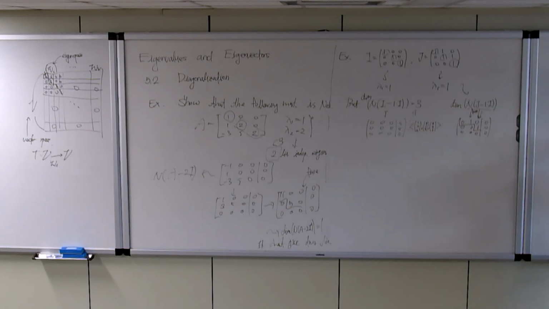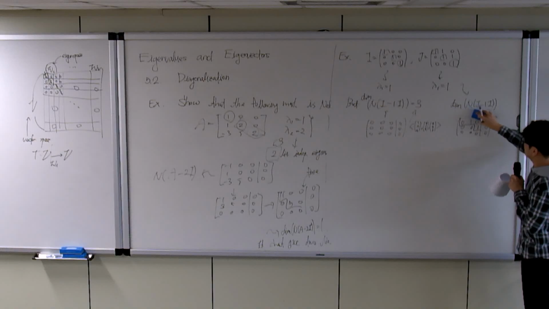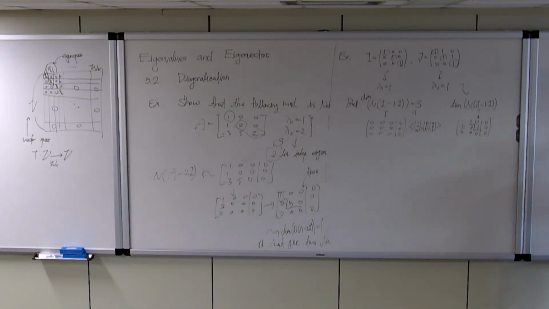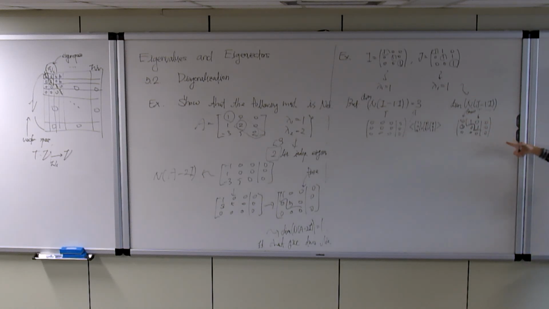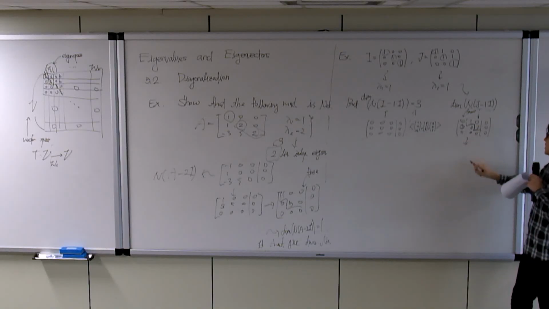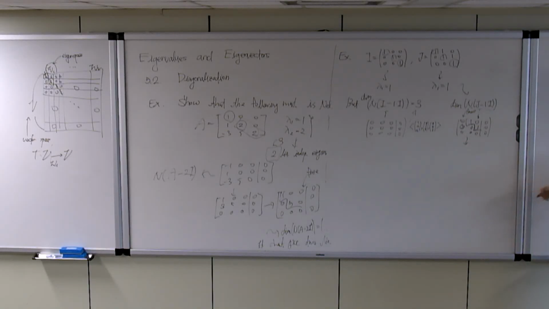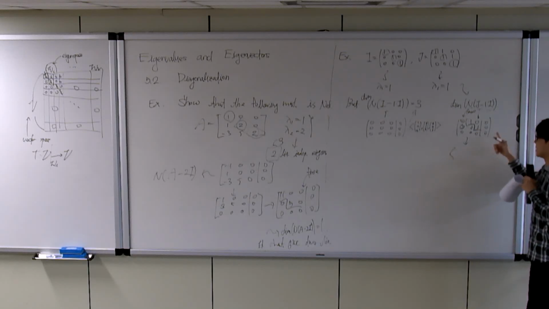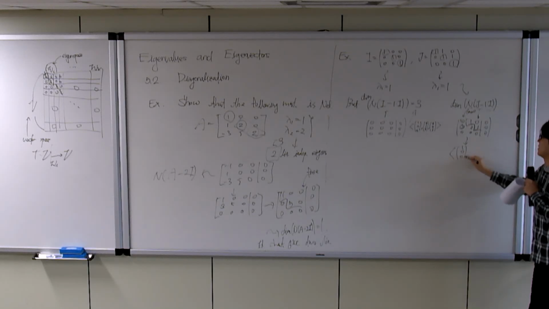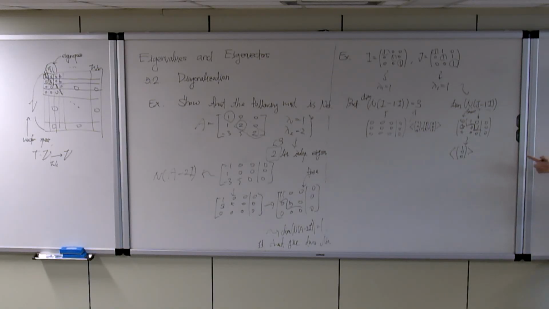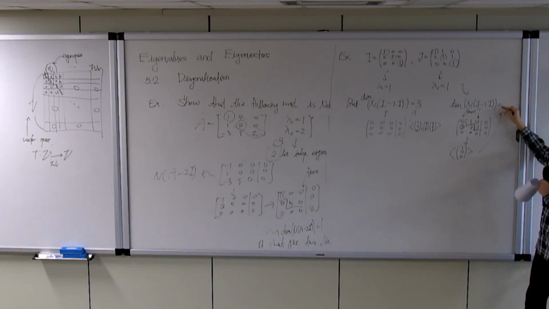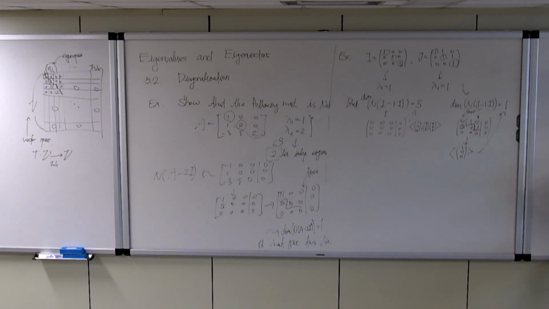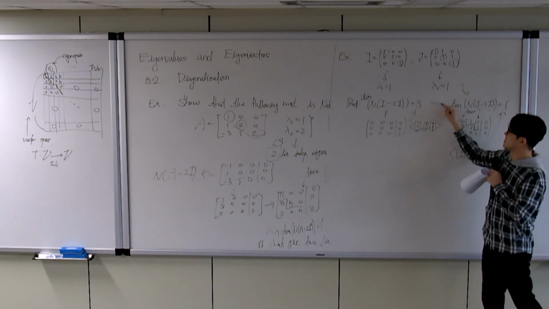Here lambda equals 1, but now I will write more generally. The geometric multiplicity of lambda 0 is the dimension of the null space, that means the eigenspace, the dimension of the eigenspace corresponding to lambda 0.